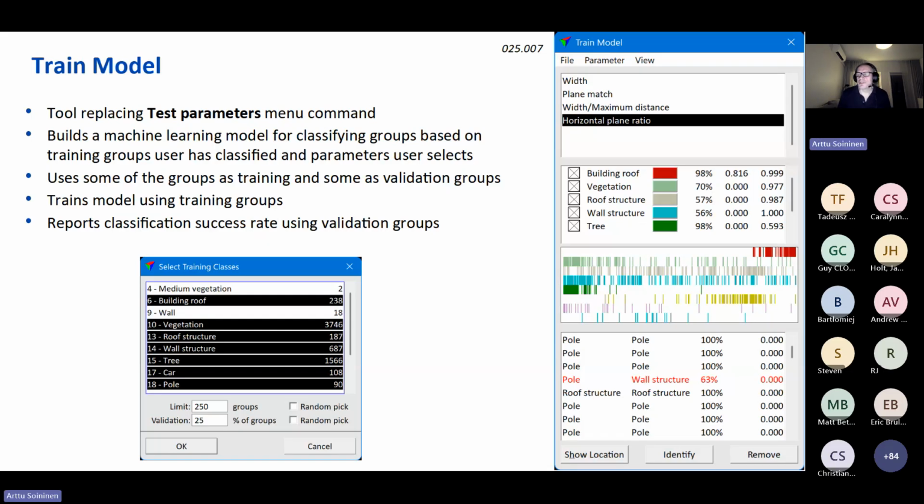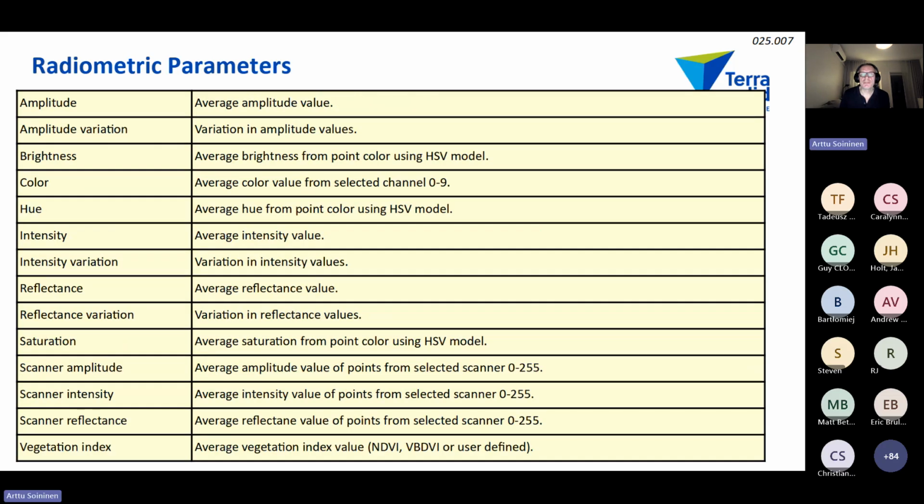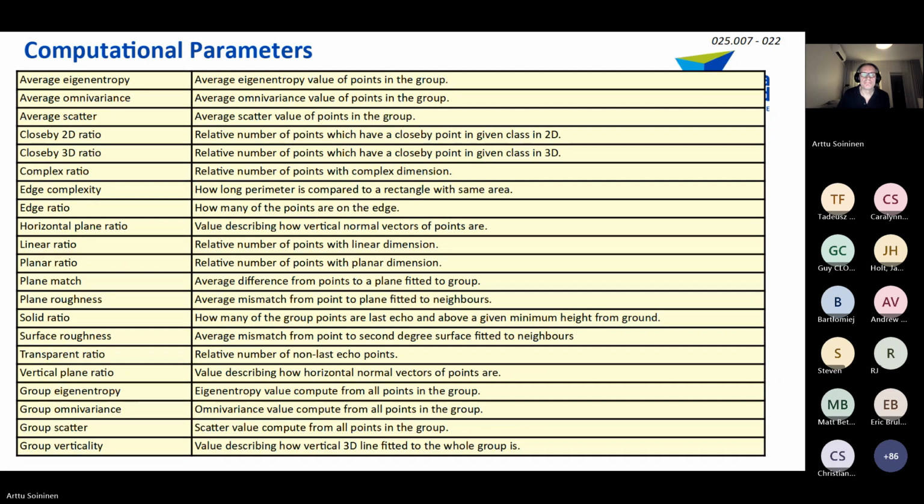And the parameters will also help you improve the classification of your training data. And I'll show that pretty soon. Parameters fall into three categories: geometric, radiometric, which means that it comes from intensity or color, and computational parameters, which are a little bit more complex.